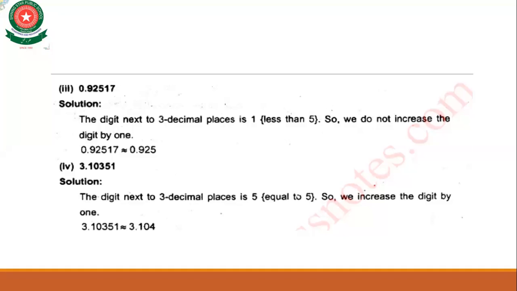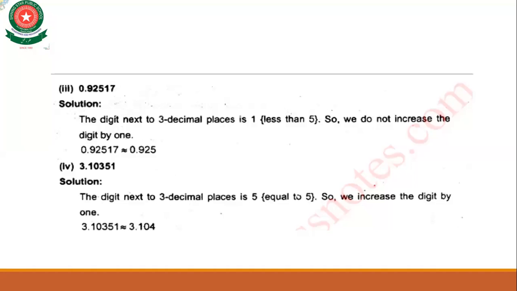Because we know that in the rules we have studied, if we want to remove the numbers after the decimal places and the number is greater than 5, then we add 1. If the number is less than 5, then we do not add 1. We just remove the remaining numbers.